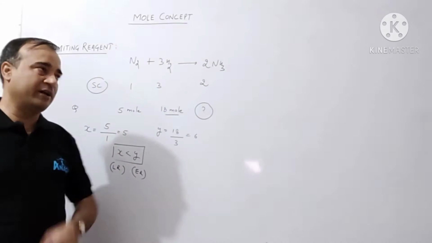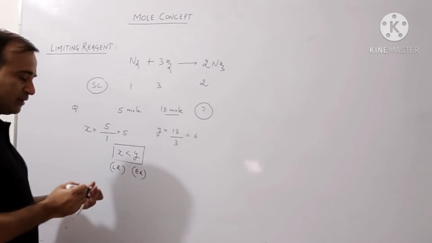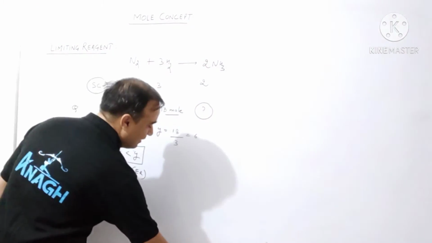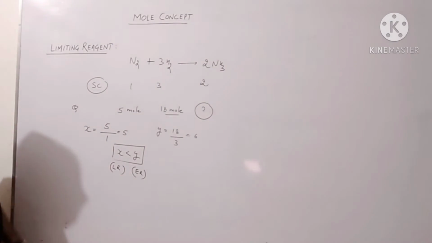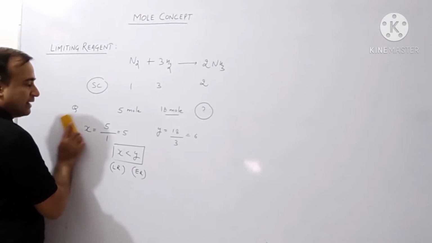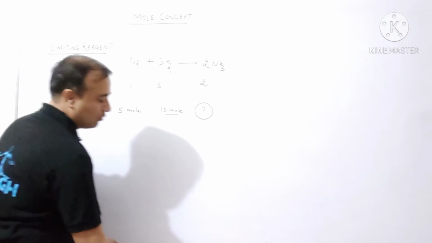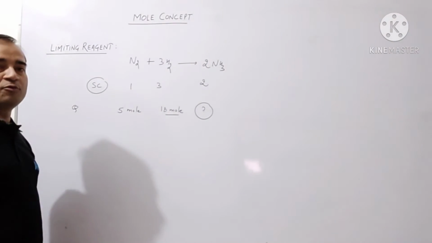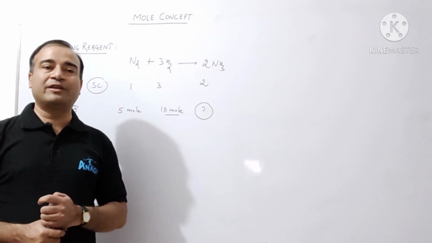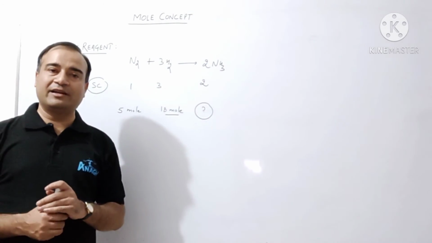Now come to the next point. In this given question, as we have decided the limiting reagent is nitrogen and the excessive reagent is hydrogen, we are going to determine the amount of product as well as the amount of excessive reagent left unreacted.